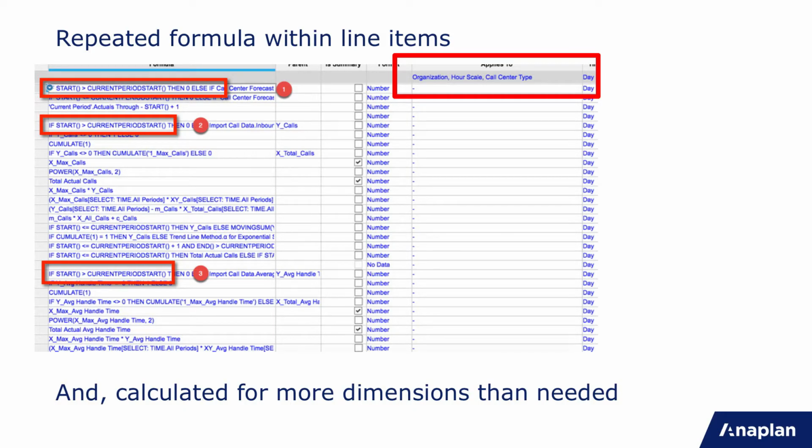The other thing that we see, and we talk about this repetition, is if you look at that formula in there, you can see it's in this module 3 times. So what it's doing there is it's doing a check for history periods. But not only is it 3 times in that module, it's also calculating that by the organization hierarchy, the hour scale, so that's 1 to 12 at least, maybe even 24, by the type of call center, by day.